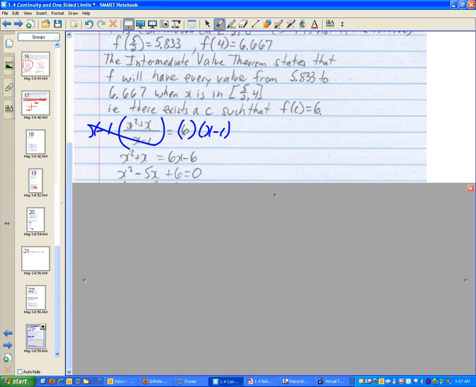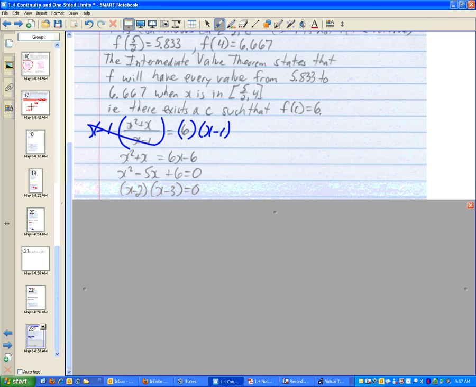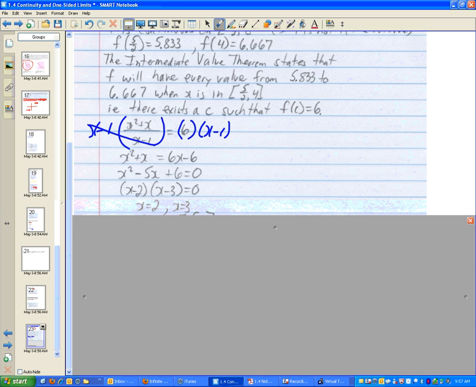Is this one factorable? What are the factors? So, the factor x minus 2 times the factor x minus 3 equals 0. So what are the roots? What are the zeros? What are the x's? 2 and 3. Now, remember what we're doing.